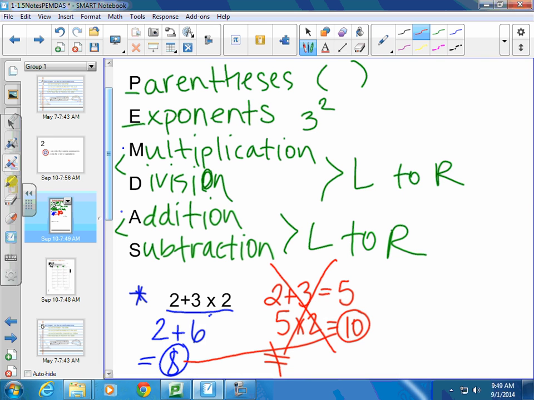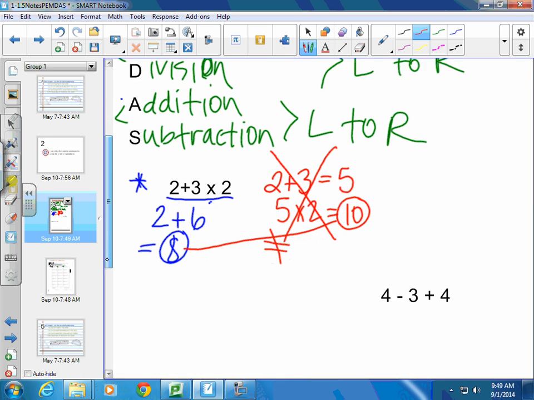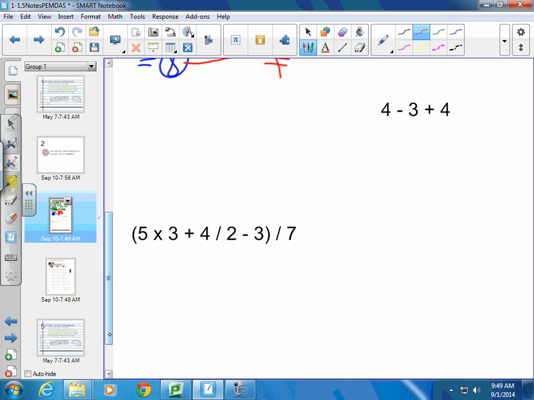So if you do it the incorrect way, you will get the wrong answer. Okay, so I want you to pause me, and I want you to solve this problem and this problem on your own, and then you can unpause me and watch and make sure that you get the correct answer.